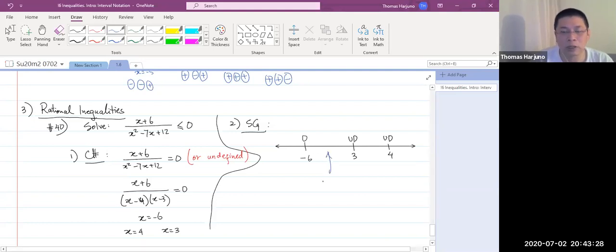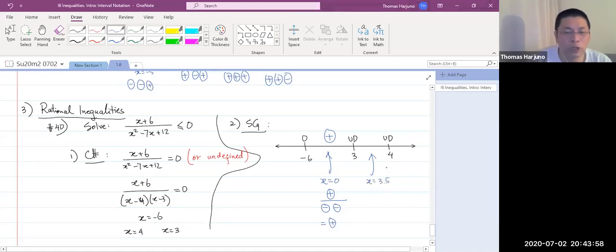Let's say we test x equals 0. There will be positive 6 on the top over negative 4 at the bottom times negative 3 at the bottom. That will be positive divided by positive. The overall is positive. Between 3 and 4, oh shoot, then I need to pick some ugly number, let's say 3.5, right?